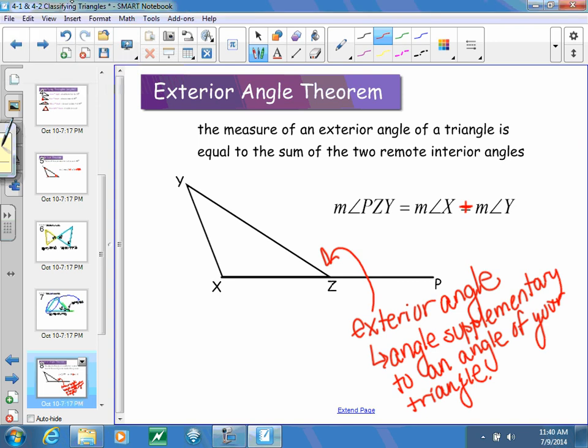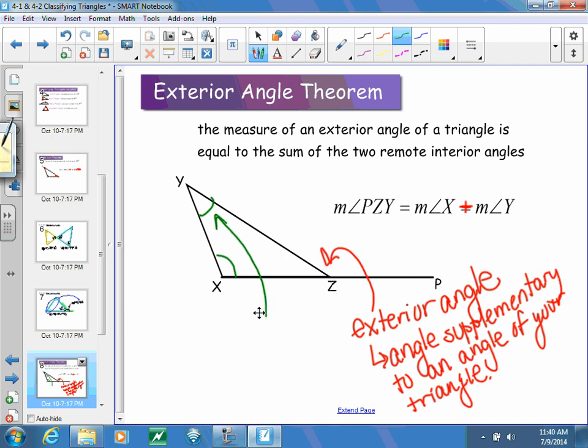All right, so an exterior angle is an angle that's supplementary to an angle of your triangle. So this angle right here with one of our interior angles, these two angles have to add up to 180 degrees. Now, the exterior angle theorem says that if we take the two remote interior angles, there are three interior angles, and the remote interior angles are the ones that are not supplementary to your exterior angle.